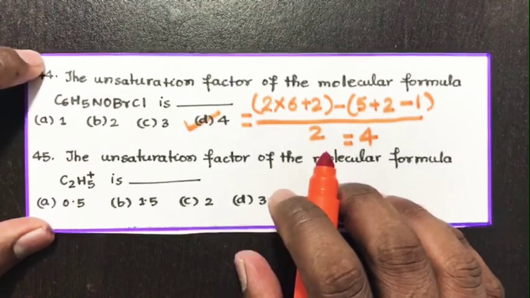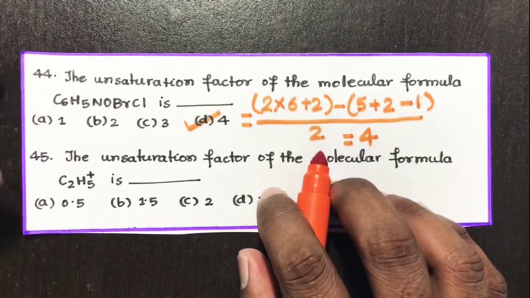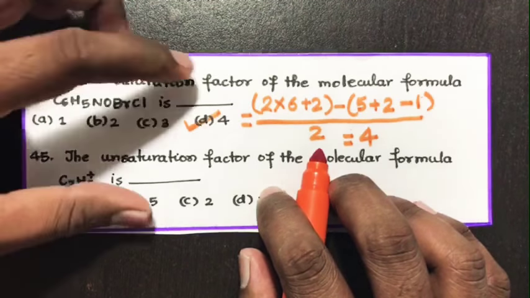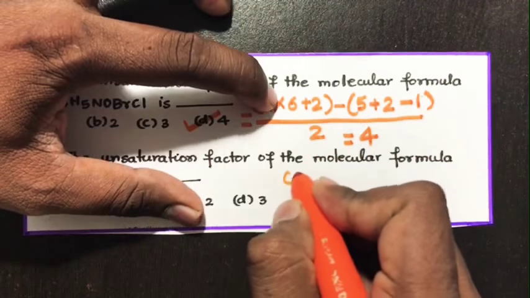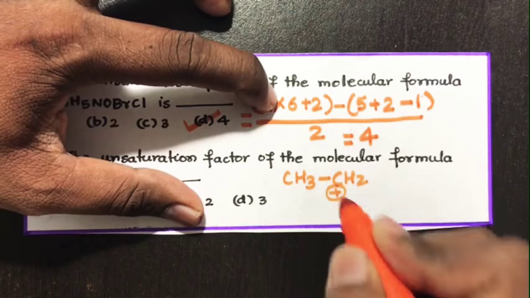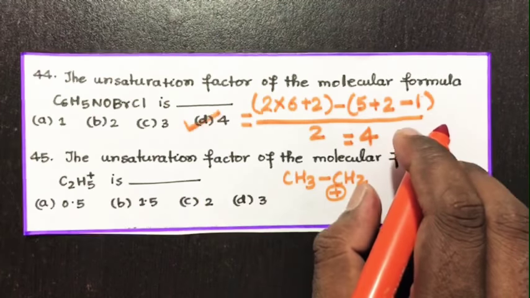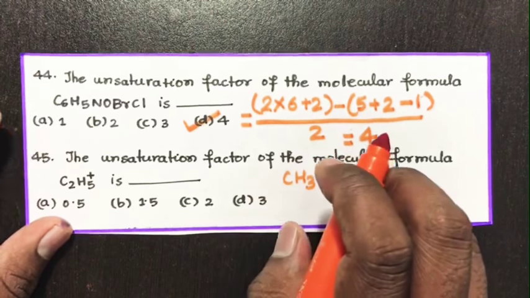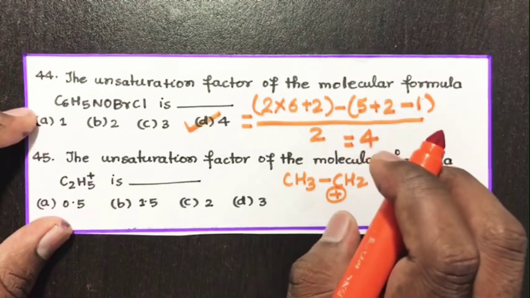Now coming to the 45th, the unsaturation factor for the molecular formula C2H5 plus, that is CH3CH2 plus. This is a carbocation, and we have to find the degree of unsaturation for this carbocation.